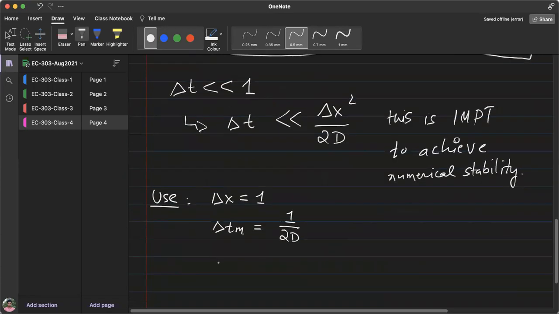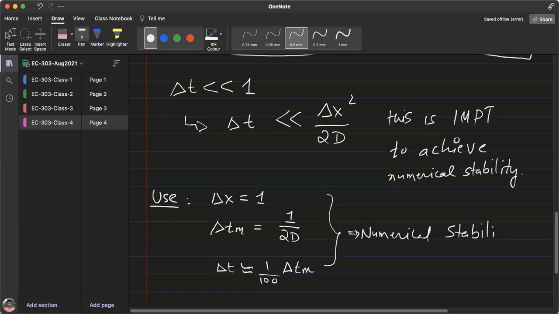Then I choose delta t equal to 1 by 100, at least 10, but maybe 100, of this maximum delta t. This will ensure numerical stability. Do all of you understand what is meant by numerical stability of solutions?